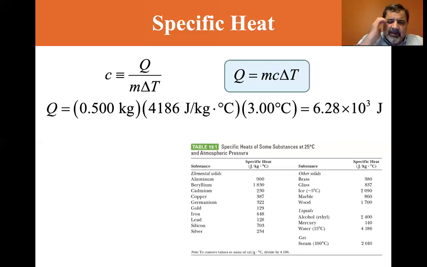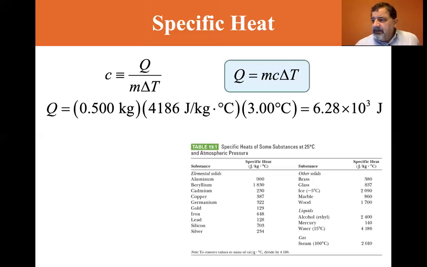So as an example, if you have a half a kilogram of water, and 4,186 joules times 3 degrees, you're going to get 6.28 times 10 to the 3 joules of energy to raise a half a kilogram of water 3 degrees.